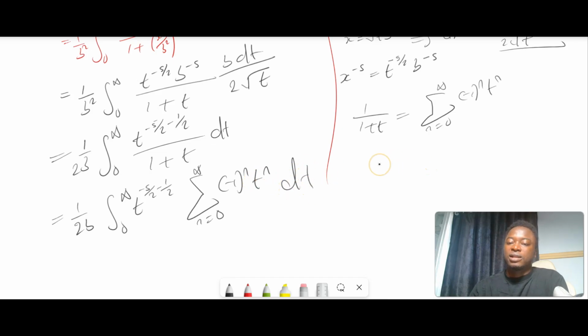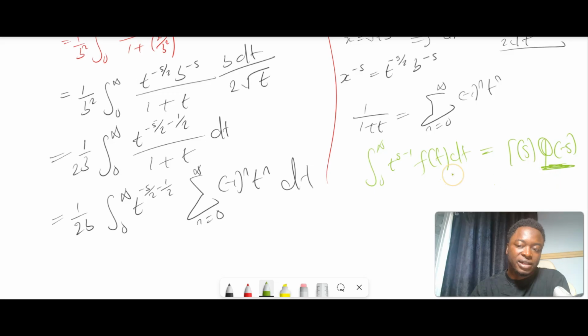Here we know that according to the Ramanujan Master Theorem, the integral from 0 to infinity of t to the s minus 1 f of t dt is equal to gamma of s times phi of negative s, where phi of s is related to the series expansion of f of t. So we already have the series expansion here.